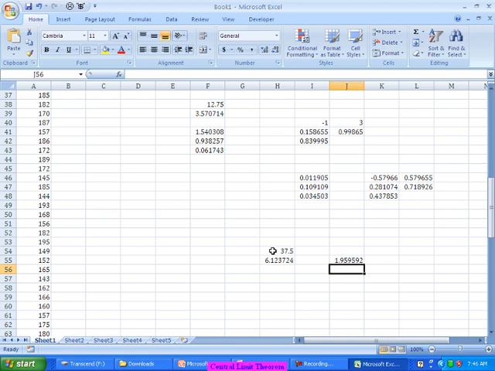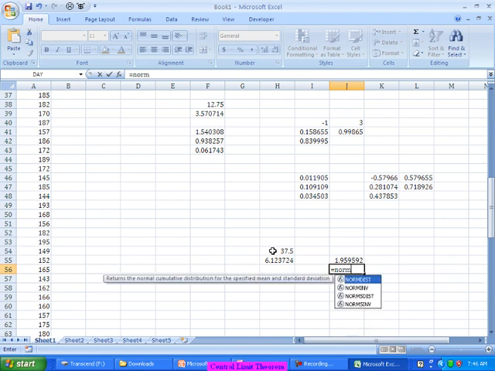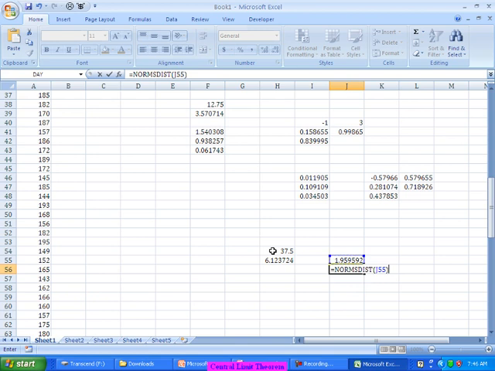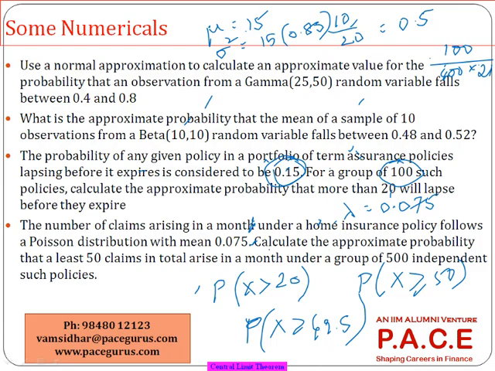Probably I'll find out for less than that first, and I'll do a 1 minus of that. So you have to be comfortable on where you should do that 1 minus and where you should keep it as it is, because the tables will only talk about the less than, that too for a positive value. So it is coming out like 2.5%. There is a 2.5% chance that at least 50 claims will come out of the 500 independent policies.